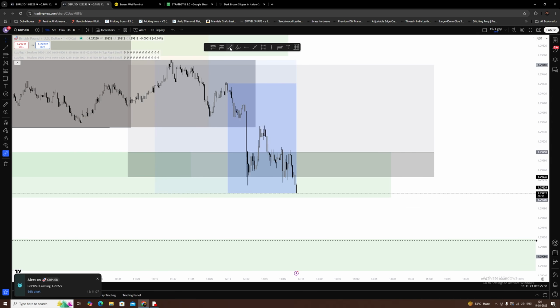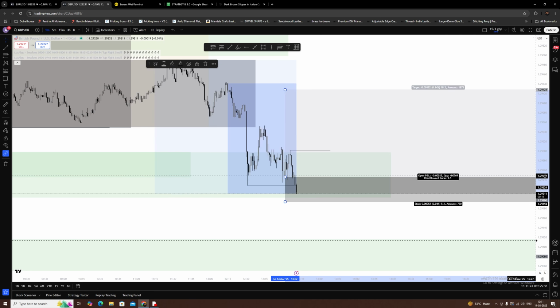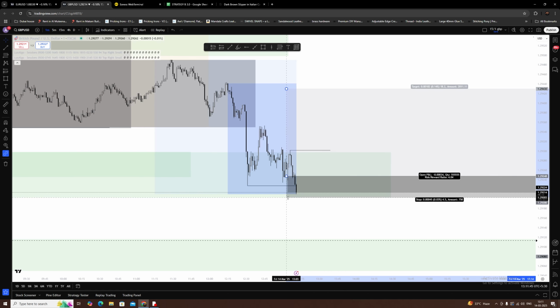So the breaker structure is complete. So in case it goes up above here without breaking the order block, we can take the trade after a retest, not at the breaker structure, but at a 1 minute order block. But I don't think it's going to hold up. Let's see.